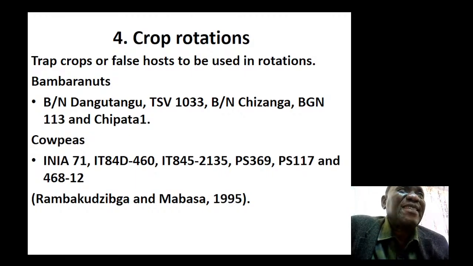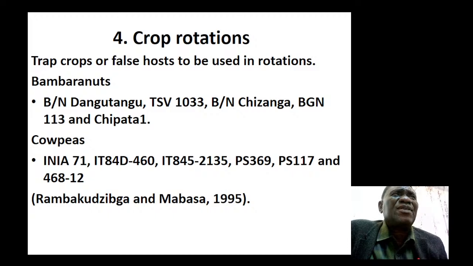Now, crop rotations. We can use trap crops or false hosts in rotations. For example, we can use bambara nuts.